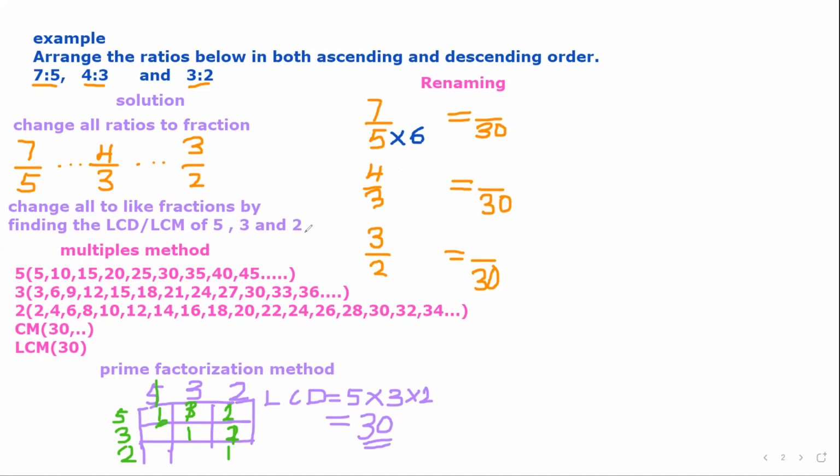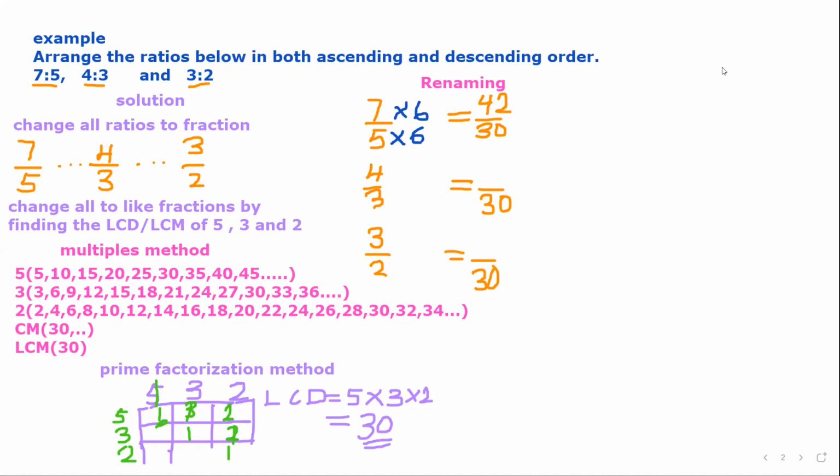The denominator was multiplied by the 6. So the same number must be used to multiply the numerator. Okay, good. So the 6 must be used to multiply the numerator here. Therefore, our new numerator will be 42. 6 times 7, that is 42.